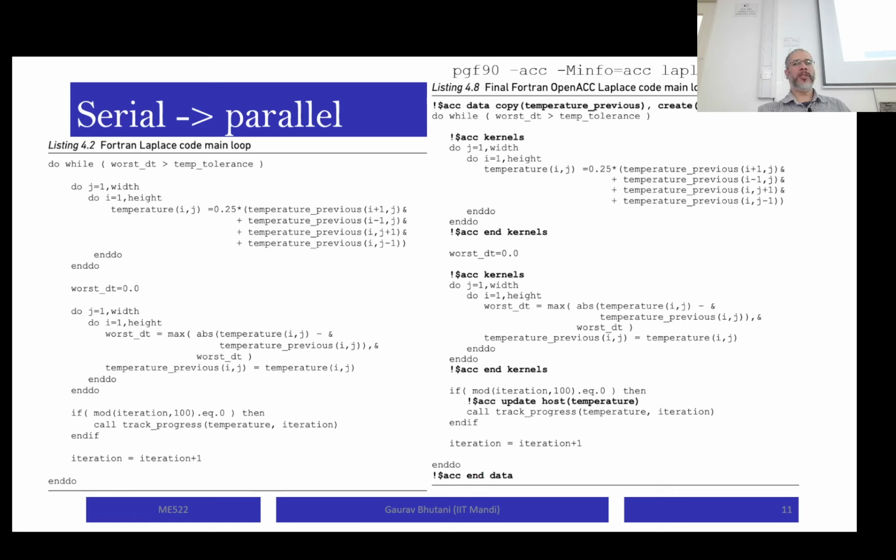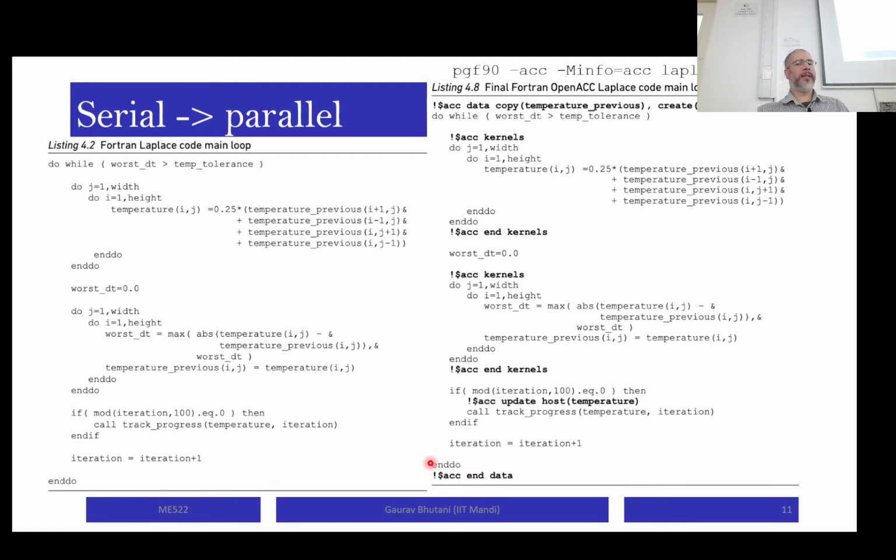So what that means is that this temperature and temperature previous will exist on the global memory of your GPU for this whole block. It's not that temperature previous will get deallocated somewhere in the middle. So this is the block for the scope or the lifetime of these matrices on the global memory.